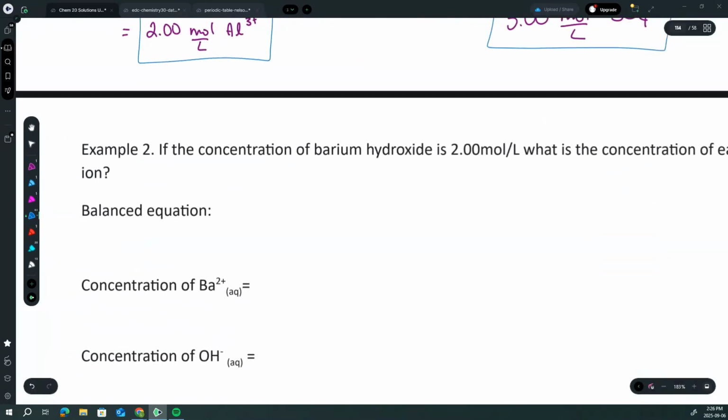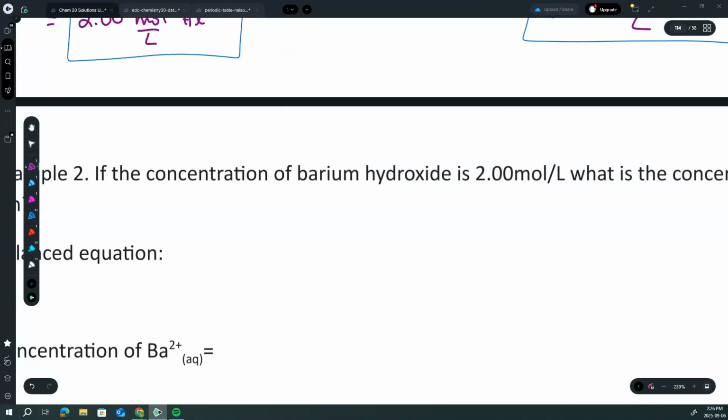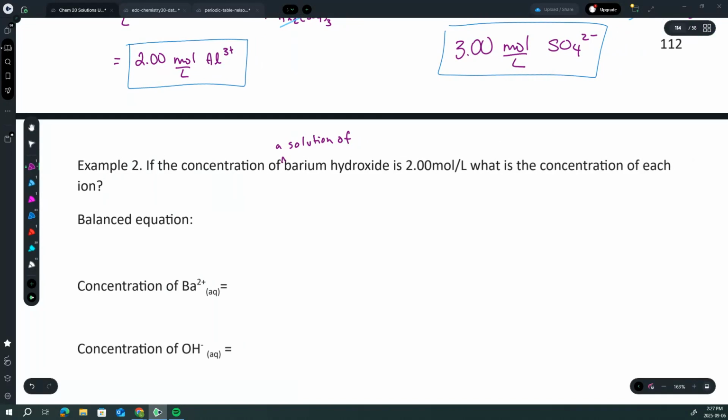All right, example number 2. If the concentration of, we'll say, a solution of barium hydroxide is 2 moles per liter, what is the concentration of each ion?